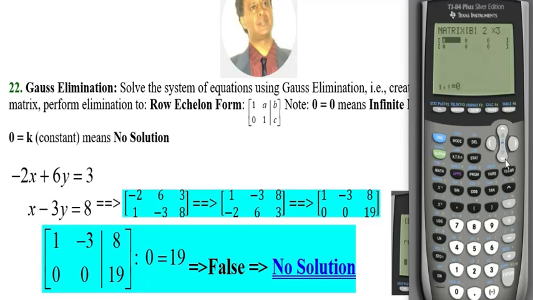Okay, then for X we have minus 2, 1. For Y we have 6, minus 3. Augmented with 3, 8.